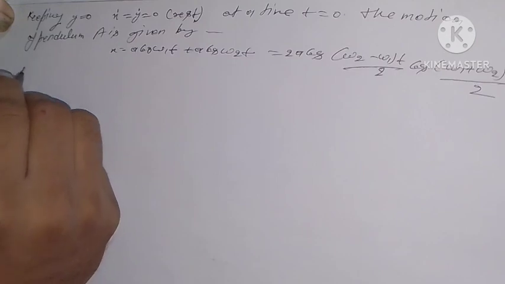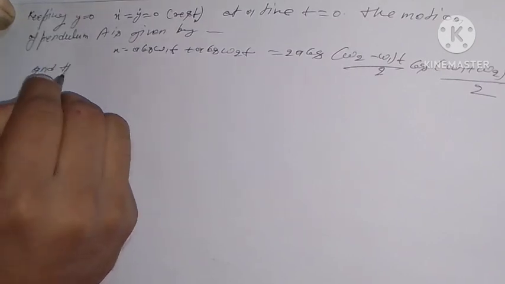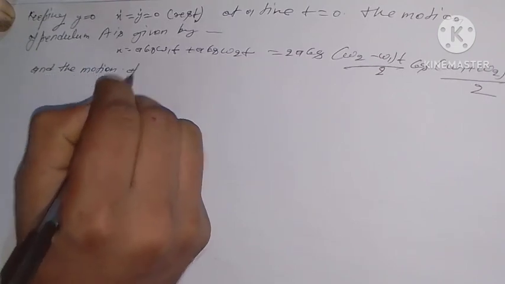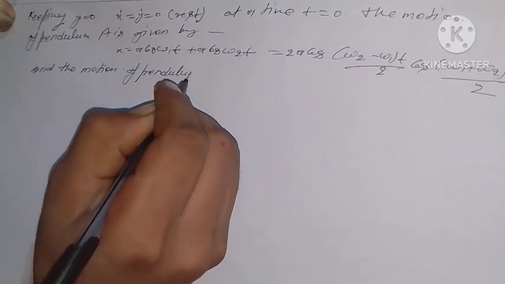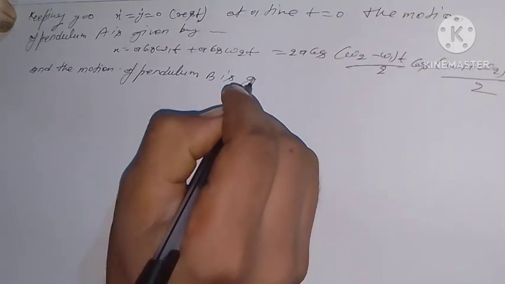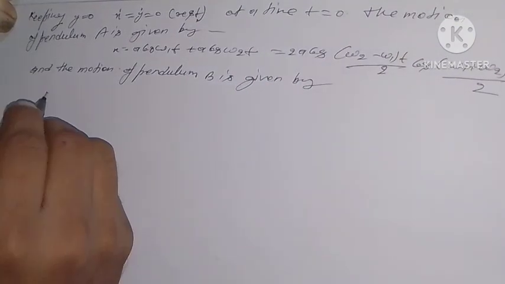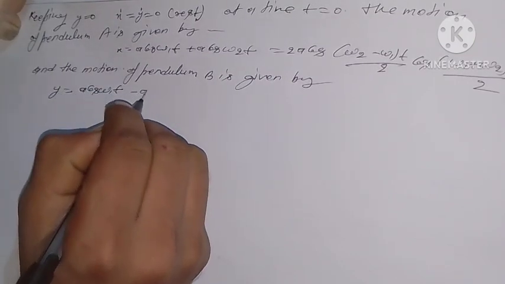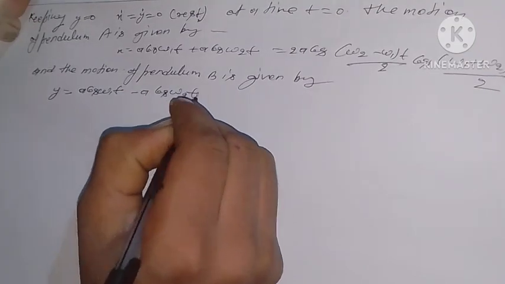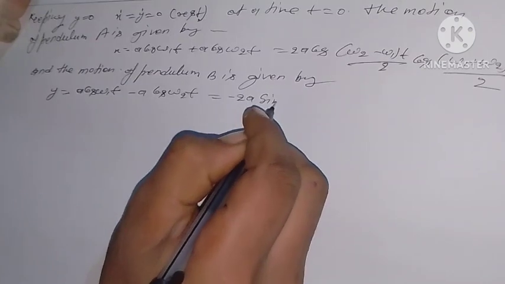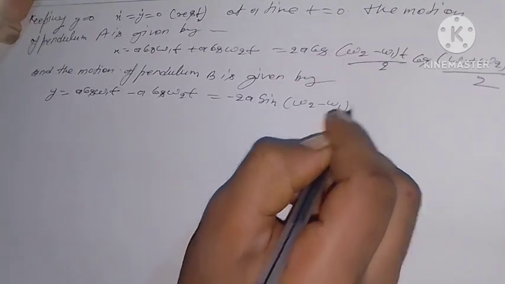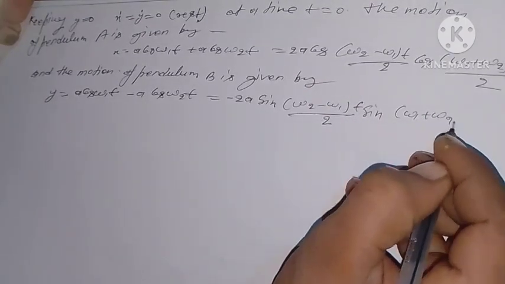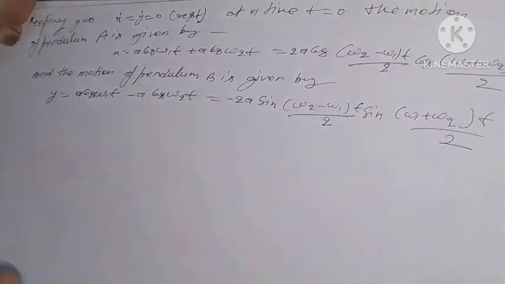And the motion of pendulum B is given by y equal to a cos omega 1 t minus a cos omega 2 t, equal to minus 2a sin((omega 2 minus omega 1) t upon 2) times sin((omega 1 plus omega 2) t upon 2).